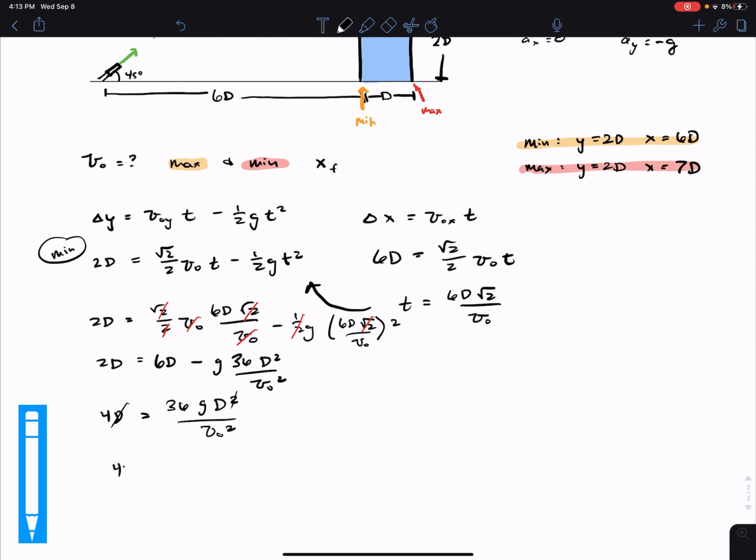We get 4d equals 36 g d over v naught squared, which means our v naught is equal to the square root of 36 divided by 4, so 3 square root of gd. Okay, so this is our minimum v naught.